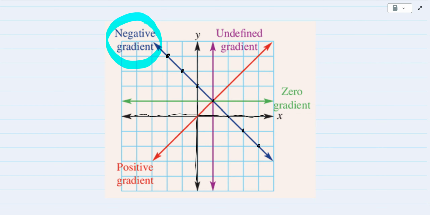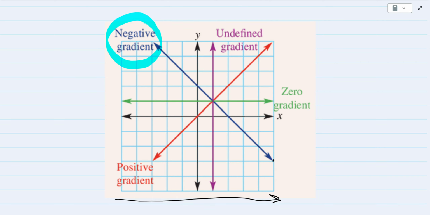So we always read graphs from left to right, never right to left, never up and down, never in a diagonal fashion. You look at this point here and ask, how does that point travel? Well, it goes down one and across one, down one and across one. And because it's constantly moving down, we know that it's a negative line.